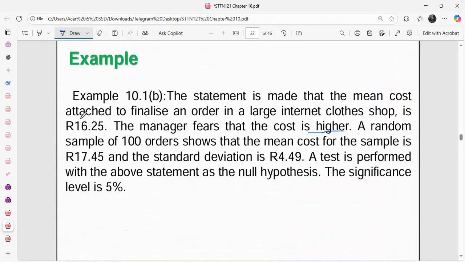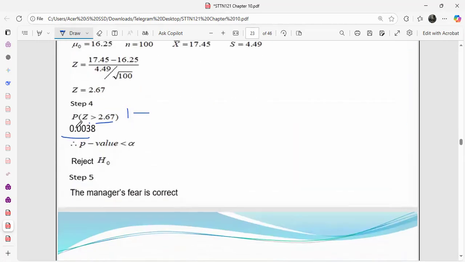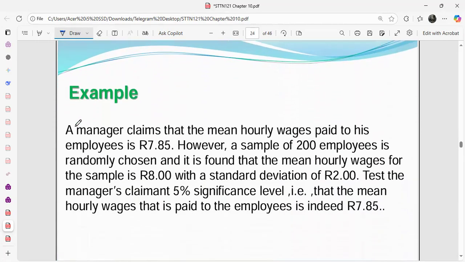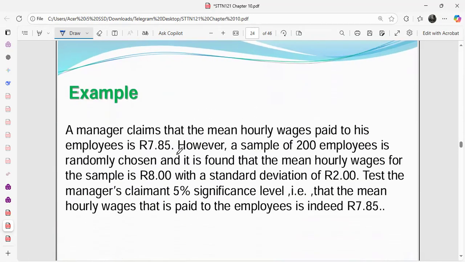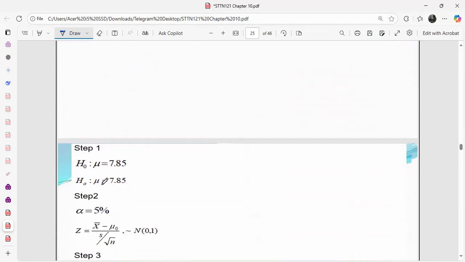You see z, even this was the same formula. Okay, let's look at this one, the standard deviation. This one is two-sided. You know why? Because when you look at this statement, they're not mentioning more than, less than, or greater than. So you're going to use the two-sided method.